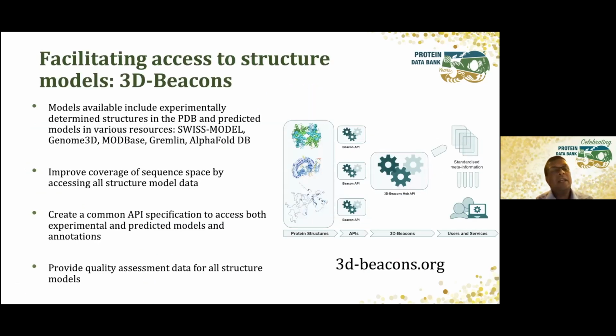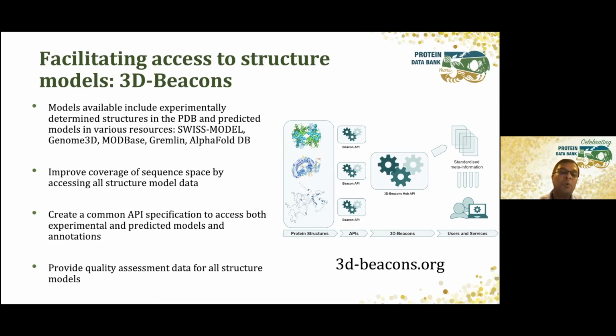And the idea here was to work with the different data resources that have predicted models. So for example, Swiss-Model, obviously AlphaFold-DB, Gremlin, Genome3D, and ModBase, to create a mechanism by which users can access data from all these different archives in one place.